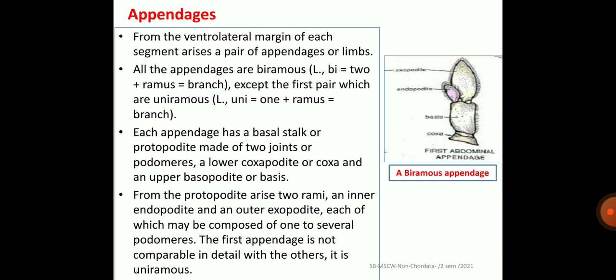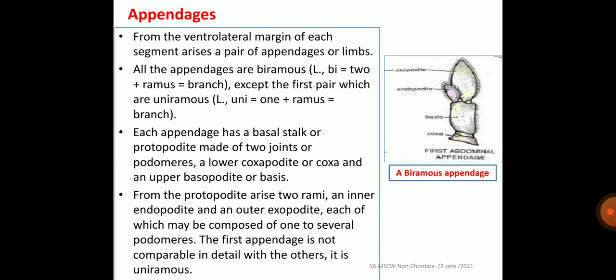And each appendage has a basal stalk or protopodite made up of two joints or podomeres. So you can mention podomeres are nothing but the segments of an appendage. A lower coxa, or it's also called coxopodite, and an upper basopodite or basis, which is seen in this particular slide. You can have a look at it.